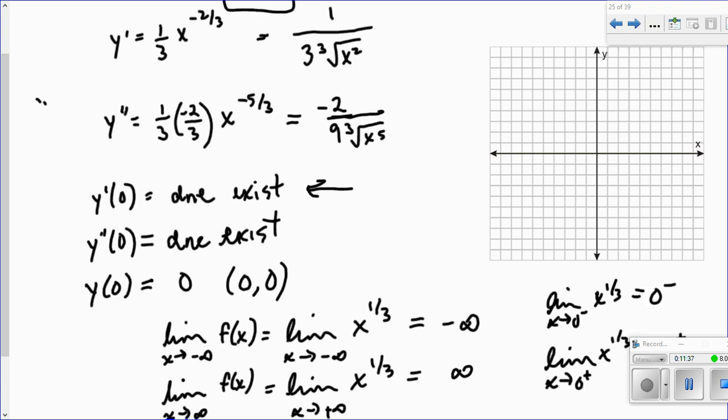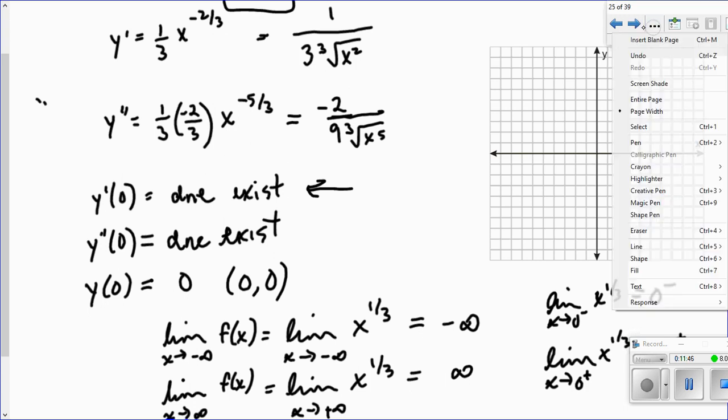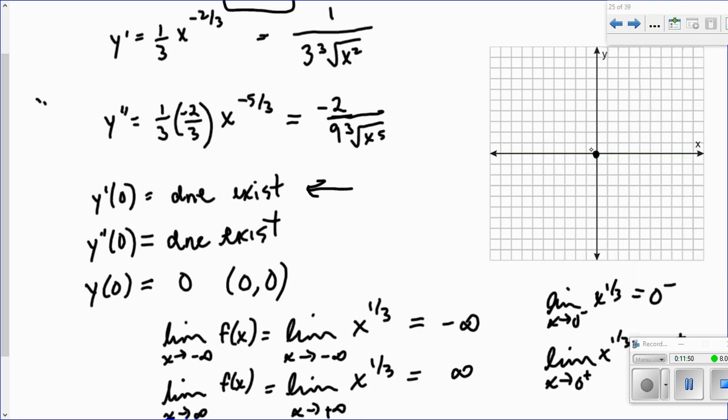Have I got any other situations I should take a look at? Maybe before I sketch this again, I've got my point, and I've got the slope of a tangent that doesn't exist.